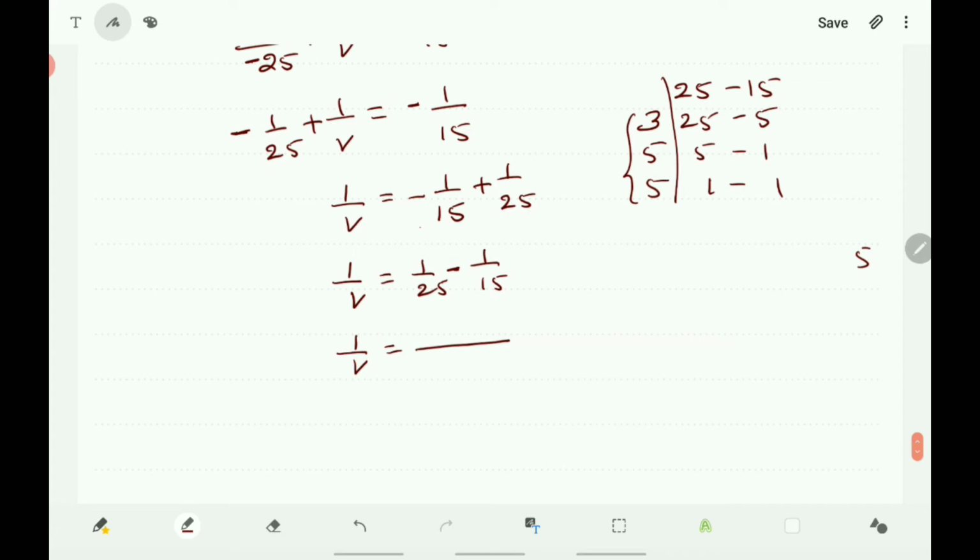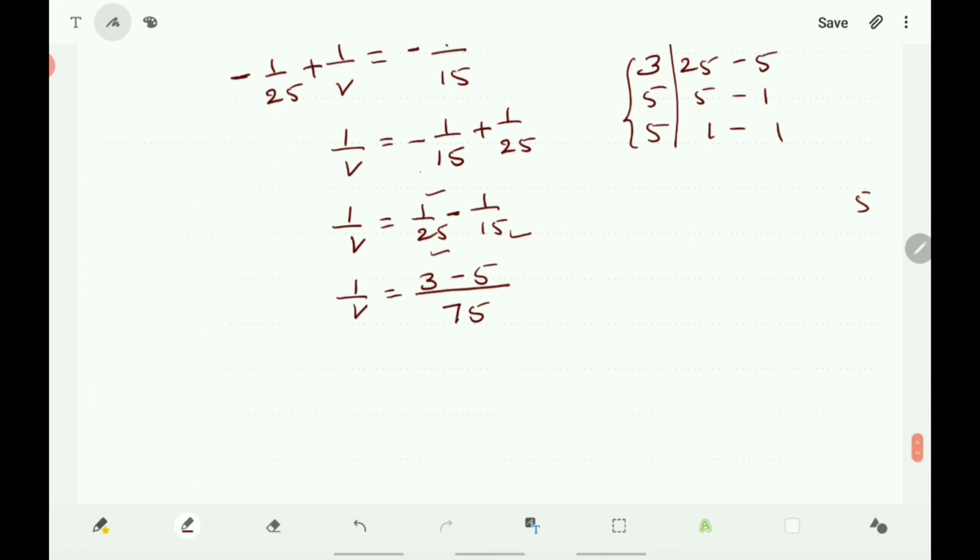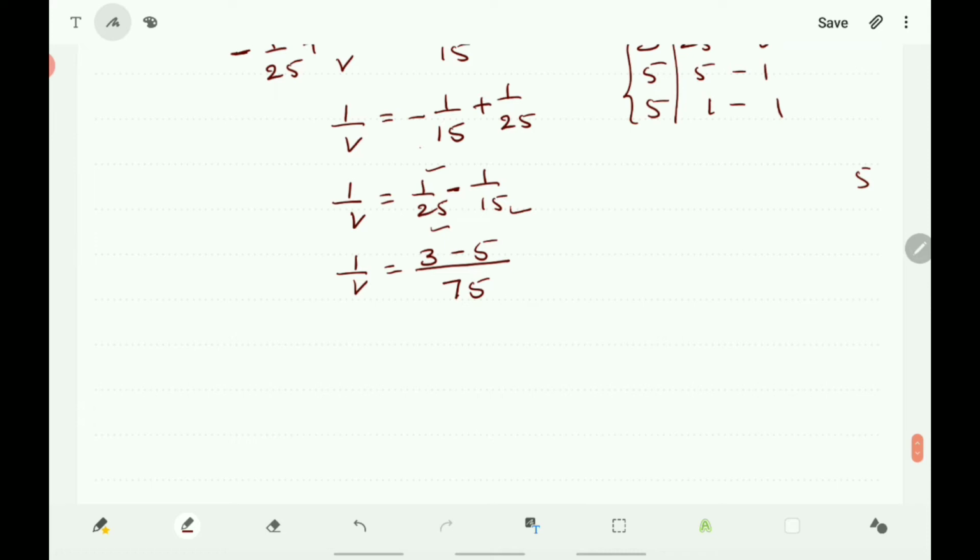So the LCM is 75. You write it as a denominator. 25 3s are 75, therefore 1 3s are 3, minus 15 5s are 75, 1 5s are 5. So 1 by v is equals to 3 minus 5 by 75, that is minus 2 by 75.